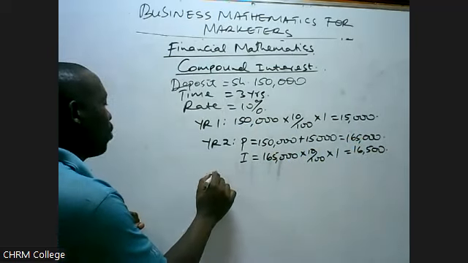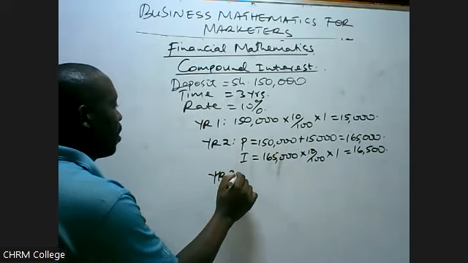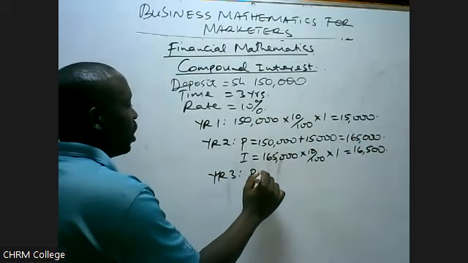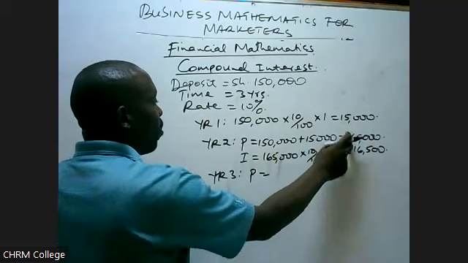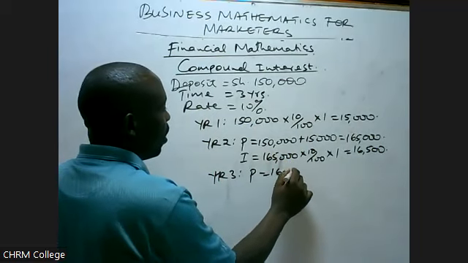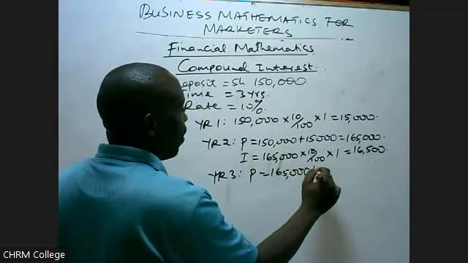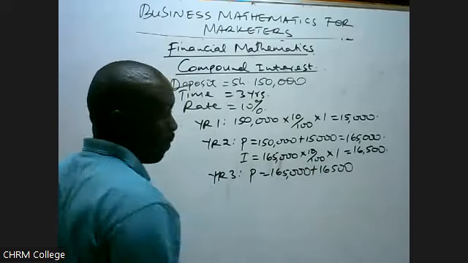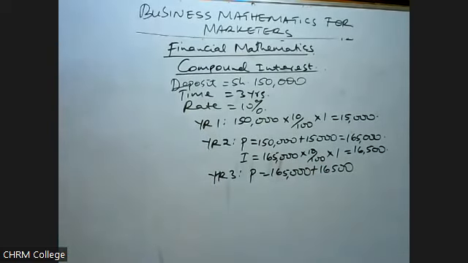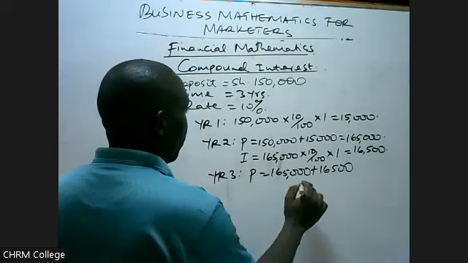So when you go now to year 3, the principal will change. In year 2, the principal was 165,000. Now we have added another interest of 16,500. It was 165,000 plus 16,500. You get 181,500.